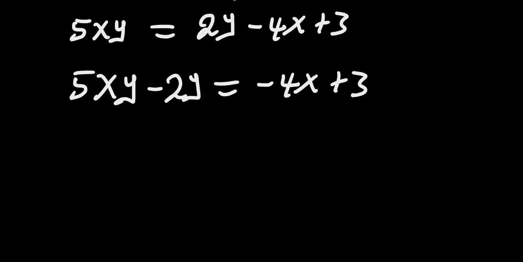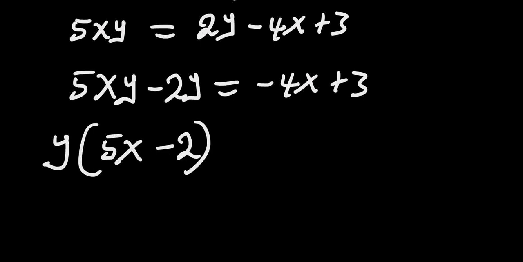So now, on the left side, we want to factor y out because y is the GCF of 5xy and negative 2y. So factor y out. So you're going to have y times 5x minus 2 is equal to, instead of writing negative 4x plus 3, we can simply write 3 minus 4x.